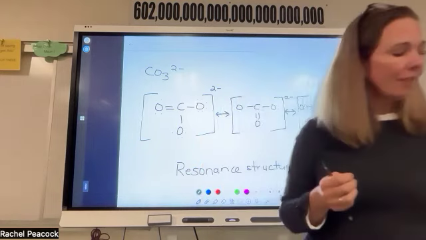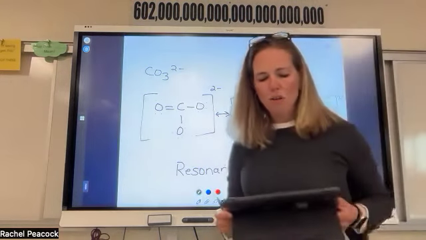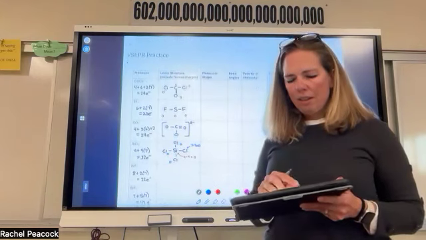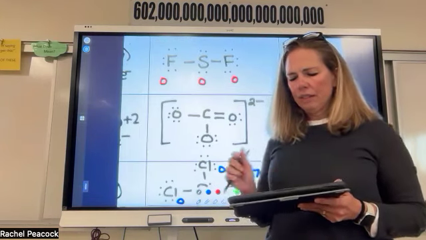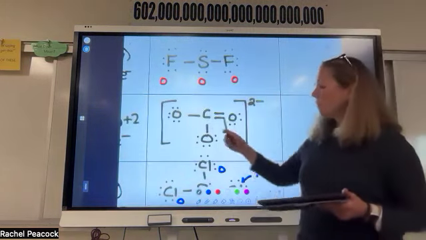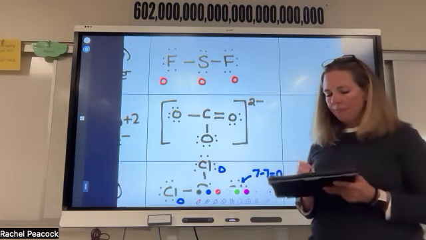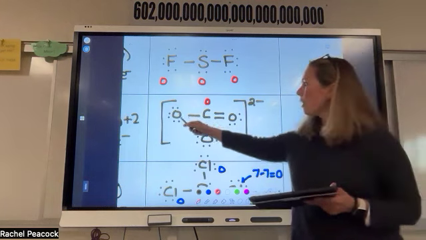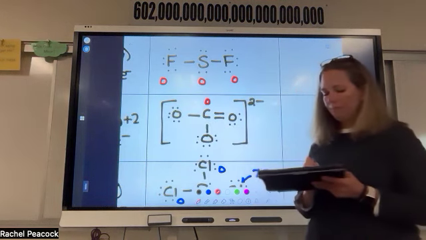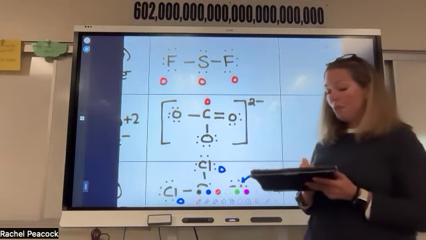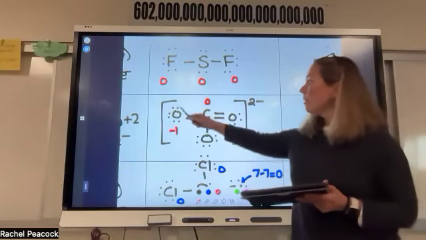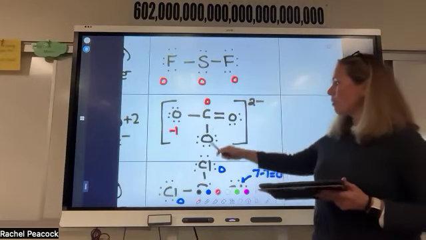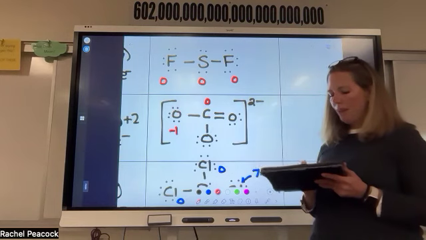Okay, now let's talk formal charges on the one I drew up here. What's the formal charge on carbon? 0. What's the formal charge on this oxygen? -1, because 6 minus 7 is -1. What about this one? -1.